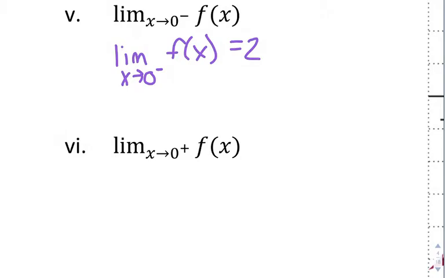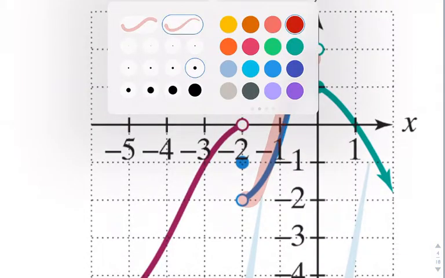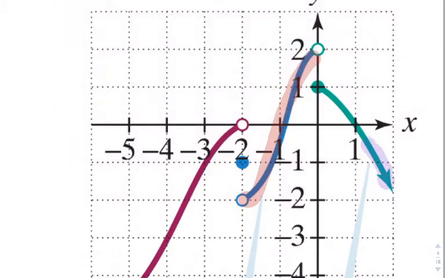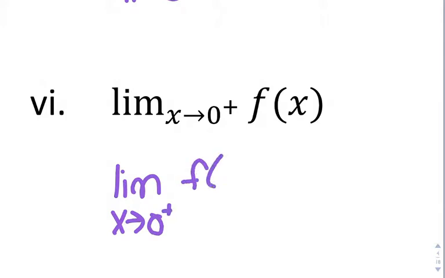The next one says limit as x approaches 0 from the right hand side. So now I'm going to look at my green graph because it's on the right hand side of 0. So as I'm getting closer and closer, I notice my limit is getting closer and closer to 1. So this would mean limit as x approaches 0 from the right hand side is 1.